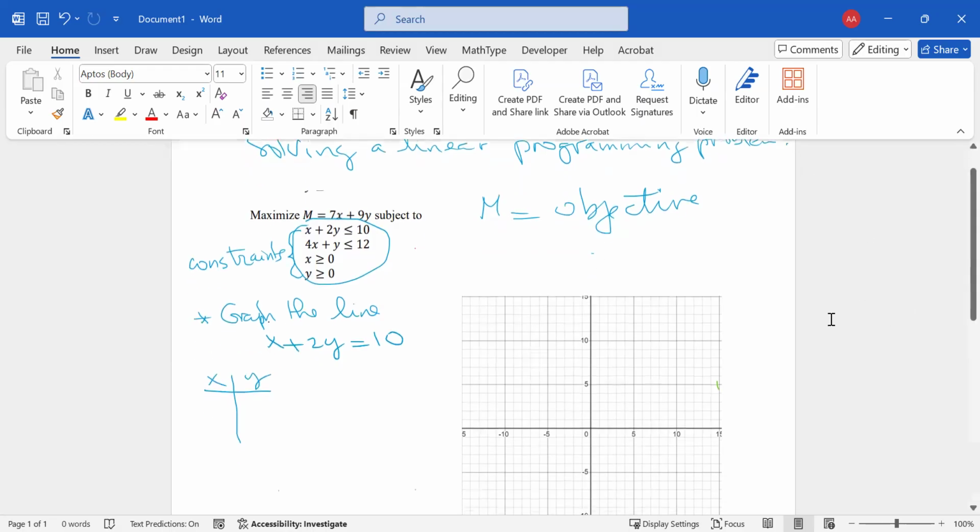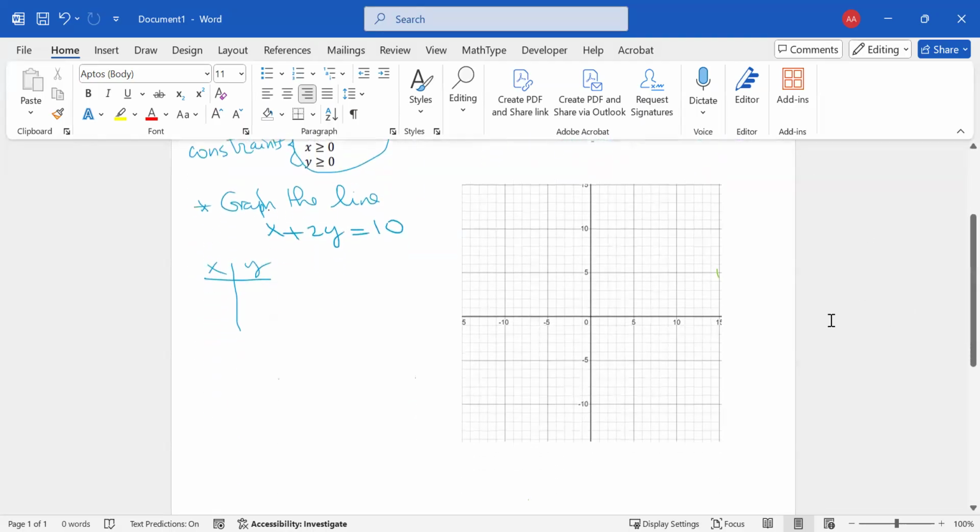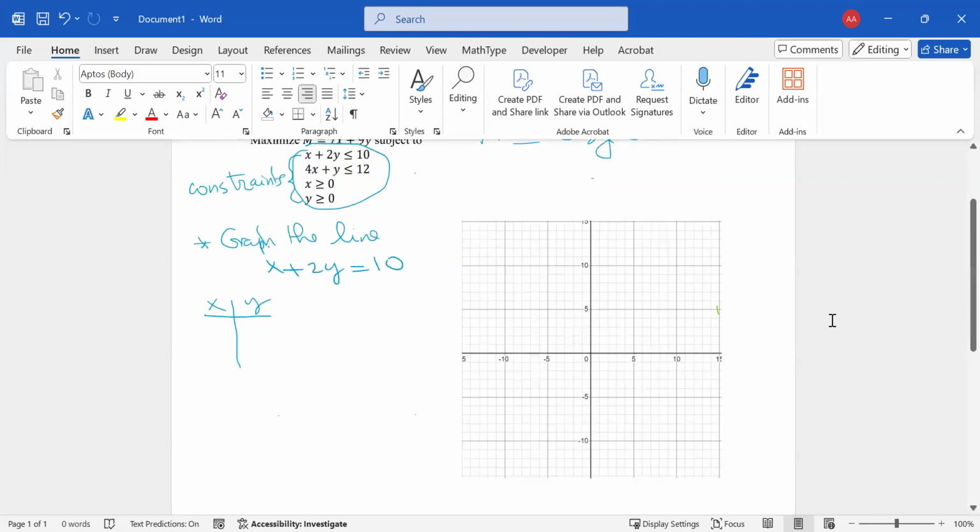As you know, if you refer to my previous videos, our preferred points will always be the intercepts. The intercepts will be a good choice of points. If y equals 0, x plus 2 times 0 equals 10, which means x equals 10.